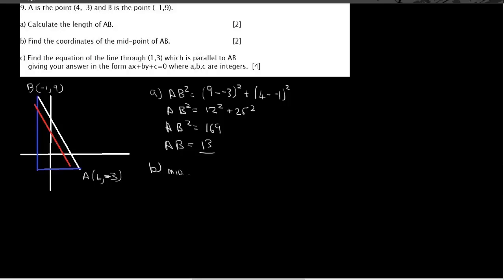B, coordinates of the midpoint. Well, it's the midpoint of the x coordinate and the midpoint of the y coordinate. So it's 4 plus minus 1 over 2, 9 plus minus 3 over 2.